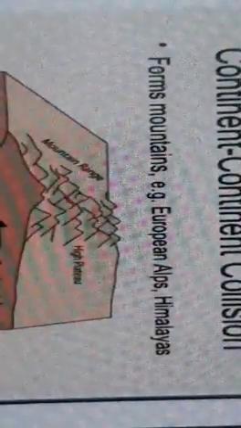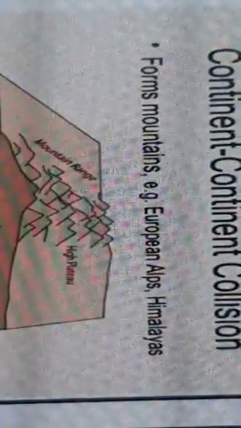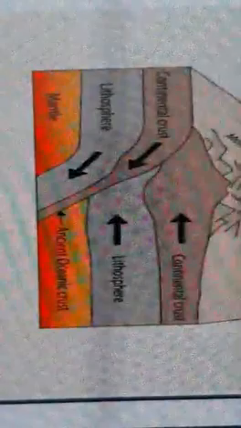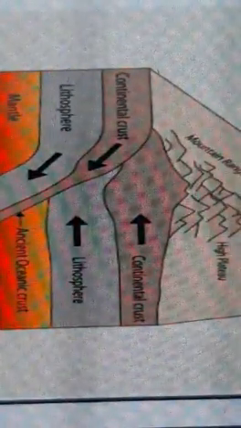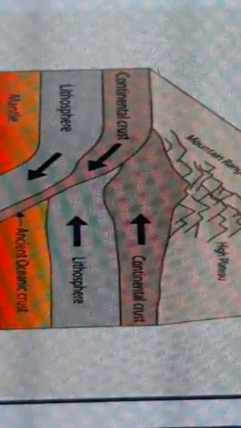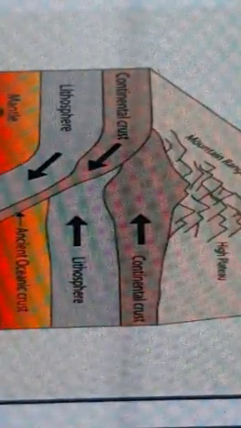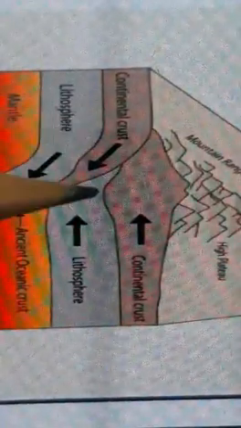First is continent-continent. When continental plates come to each other, they form mountains like the European Alps and the Himalayas. Here you can see continental plates coming to each other. Which one is heavier in comparison between the two?